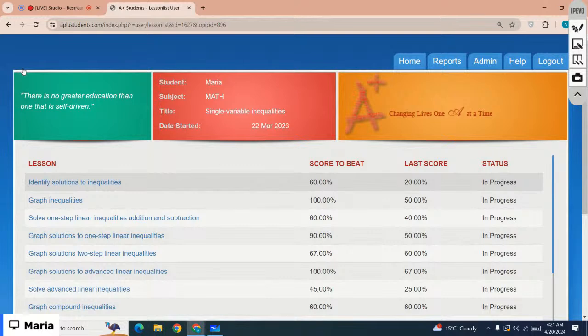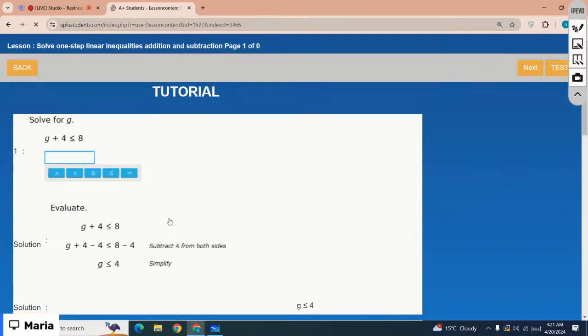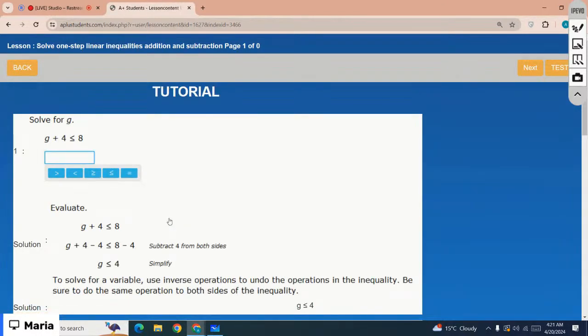The next one is solve one-step linear inequalities, addition and subtraction. Okay, solve for g. g plus 4 is less than or equal to 8. So which is the correct option?